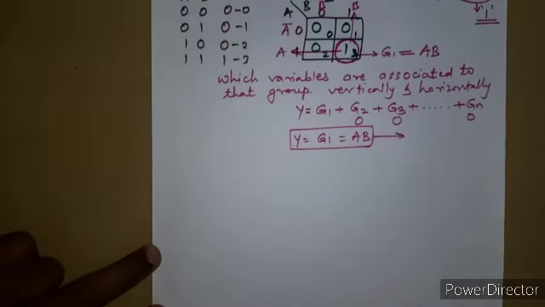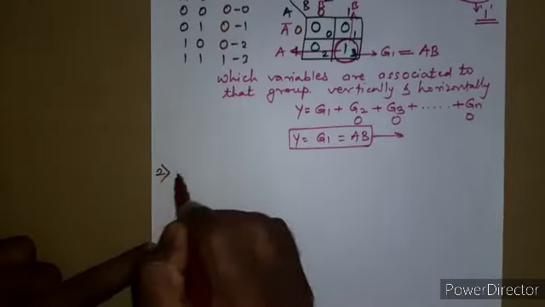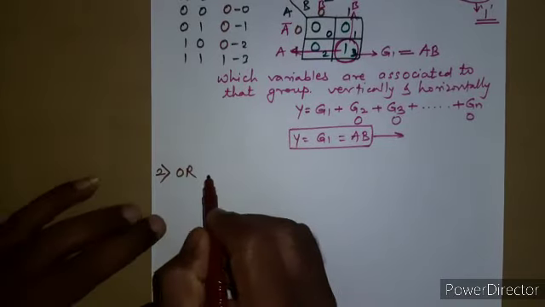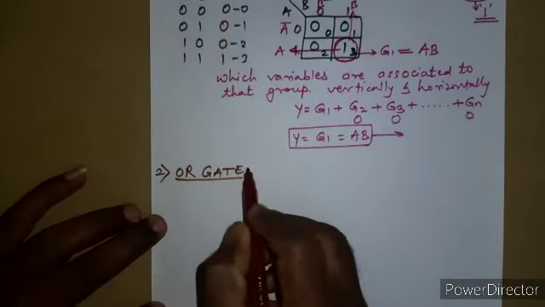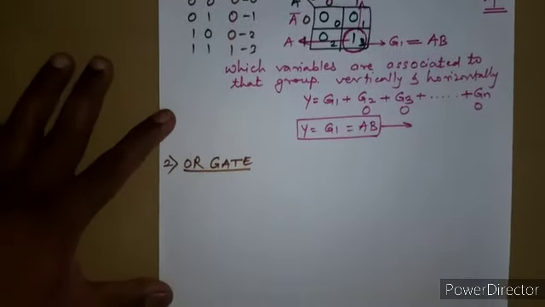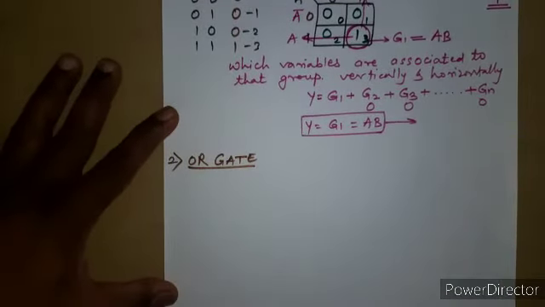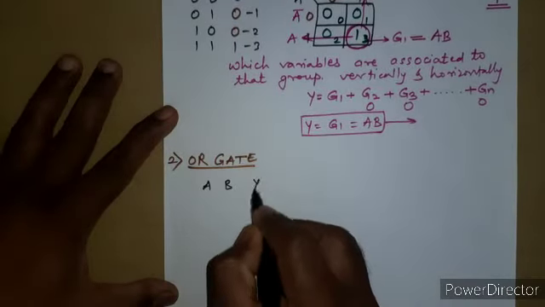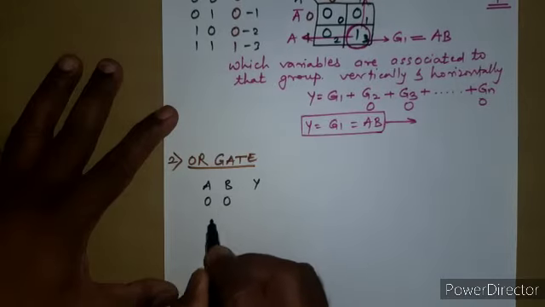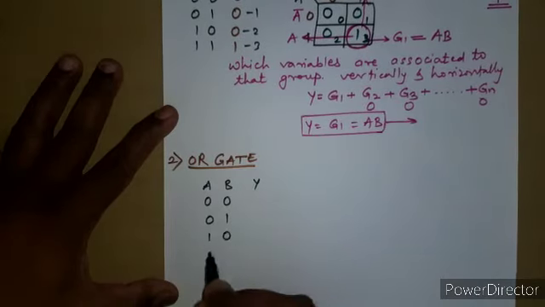Right? Let's very quickly see the OR gate. Then we can again go more deeply into the concepts that we have looked at for this K-map. Now for the OR gate, we have A, B and Y. So it is 0, 0, 0, 1, 1, 0, 1, 1.